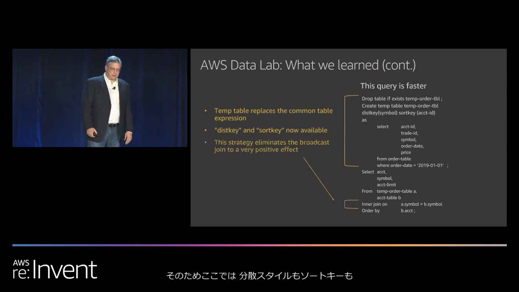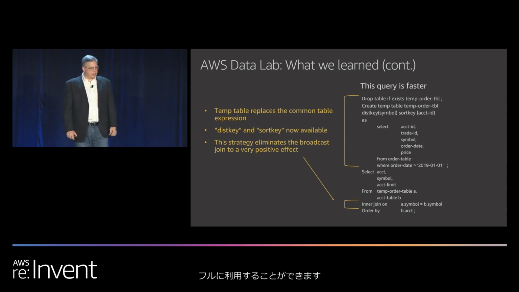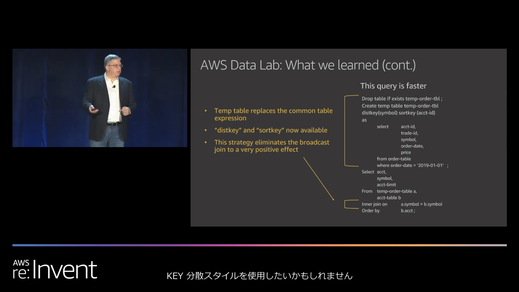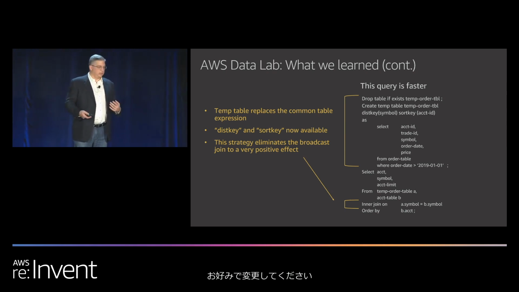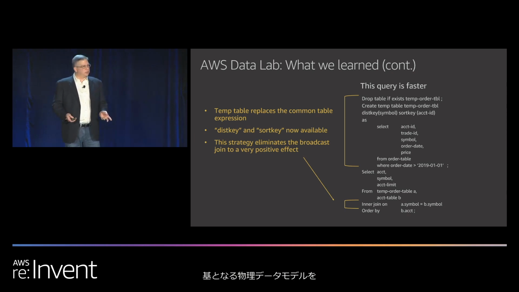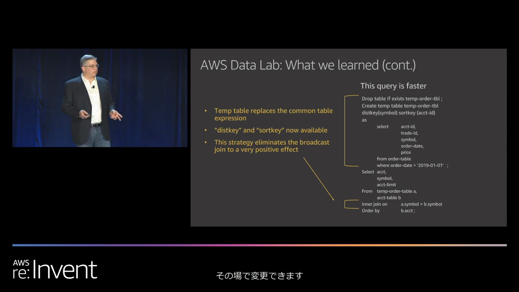So here we have full access to the disk style and the sort keys. If this particular query uses a disk style of even because it's going to join to a smaller table, it'll be a lot more efficient. And the next time you use this table, you might want to do a disk style of key. But it's really up to you. You're actually creating the temp tables when you're running the query, so you can change your underlying physical data model on the fly.